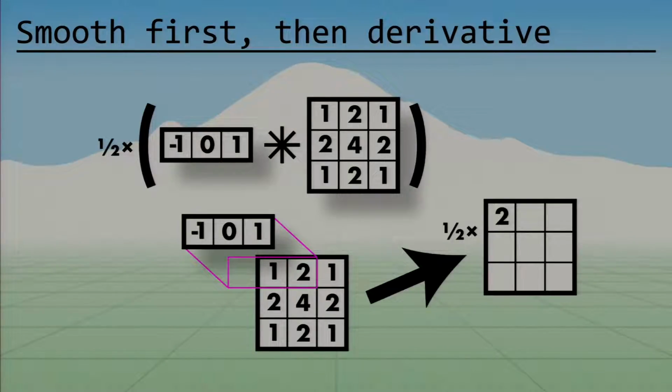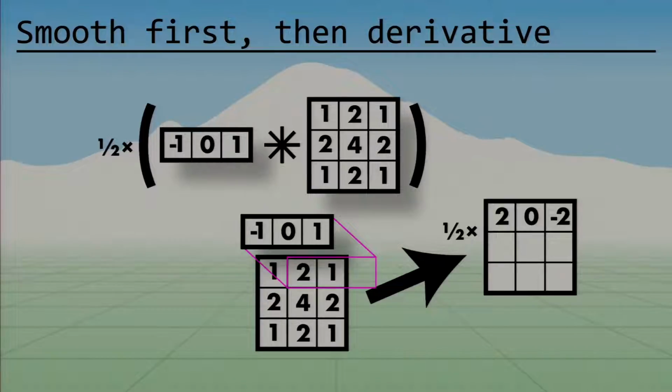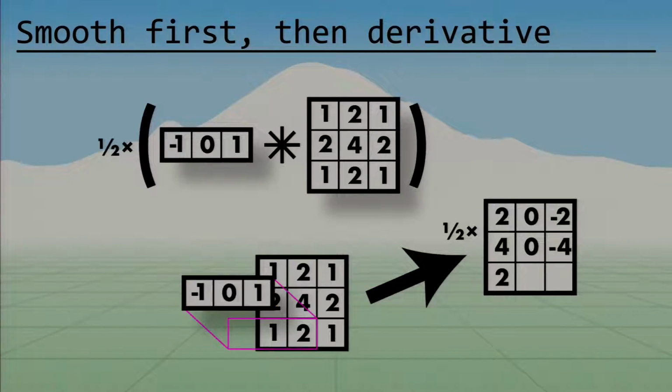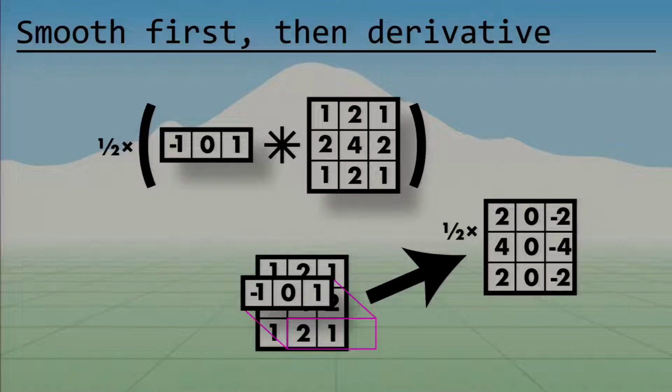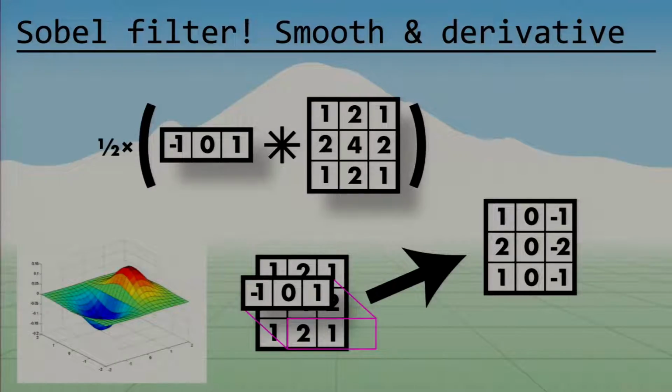We go through this process of applying this gradient over our Gaussian. We have here 0 plus 2, and we have -1 plus 0 plus 1 is 0, et cetera, moving through this filter. And we end up with 1/2 times this filter, which when we multiply it through is just our Sobel filter.